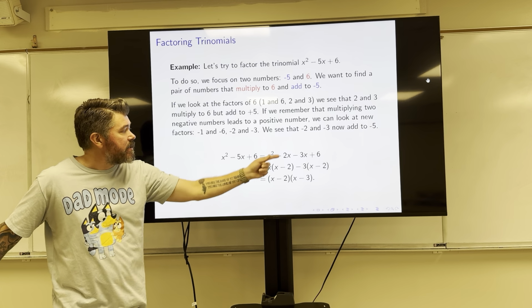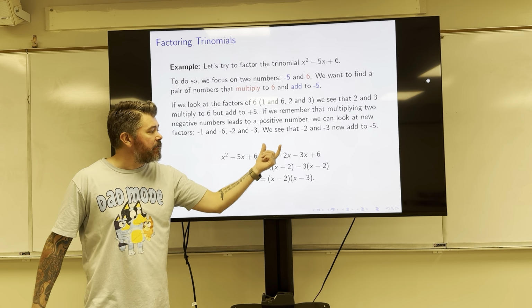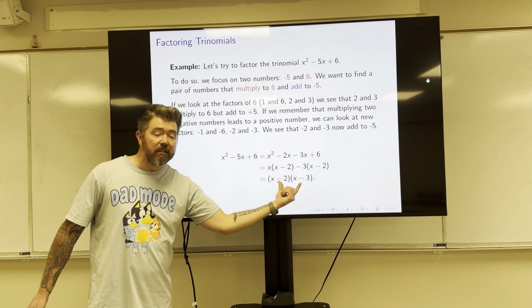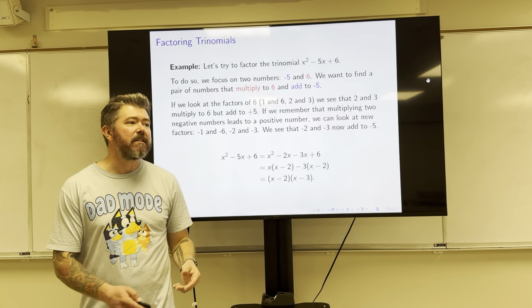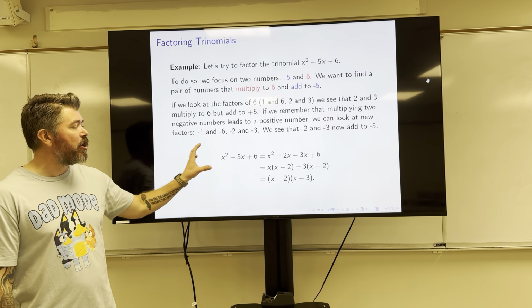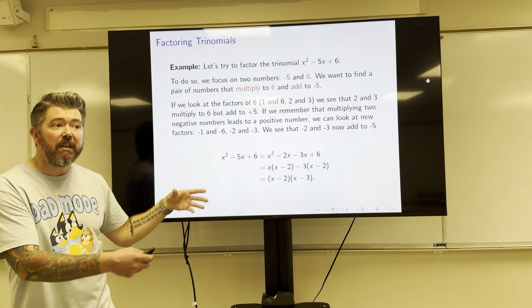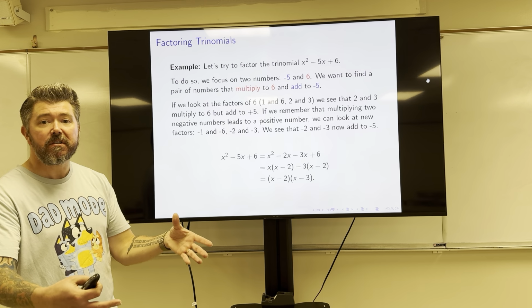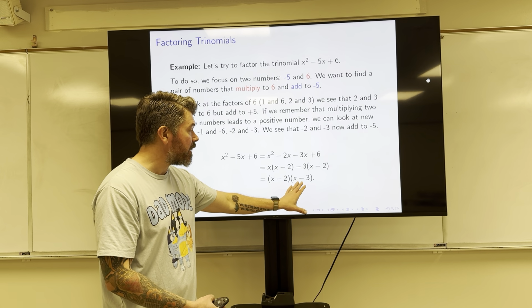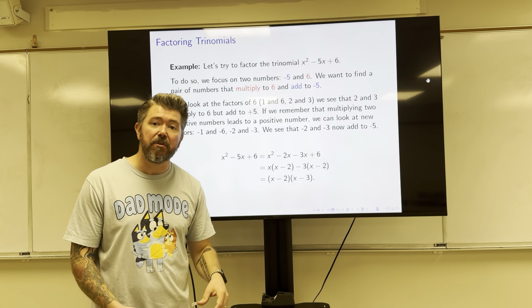I split it as negative 2 and negative 3. How did I factor? Negative 2 and negative 3. Right, so that's actually a trick to these trinomials. It's always going to be x plus my first number that I used to split times x plus my second number that I used to split.